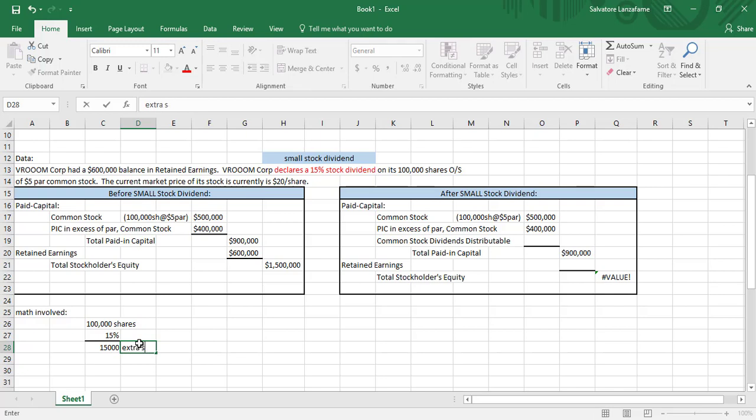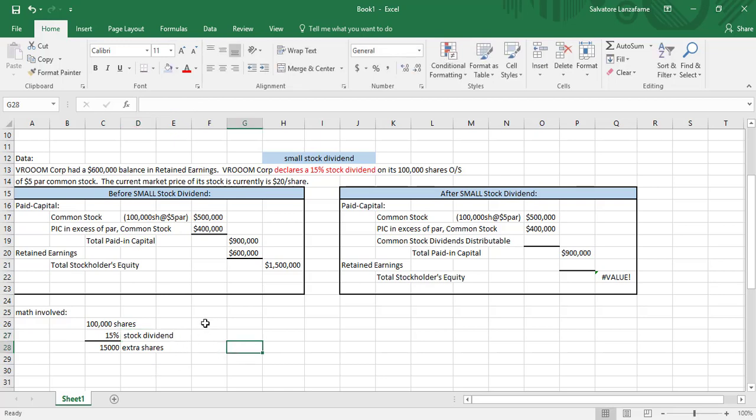Pretend you own all 100,000. After the company declares this 15% stock dividend, you now have an extra 15,000, so you're going to have 115,000 shares. Not a bad deal. All right, so that's part of the math.